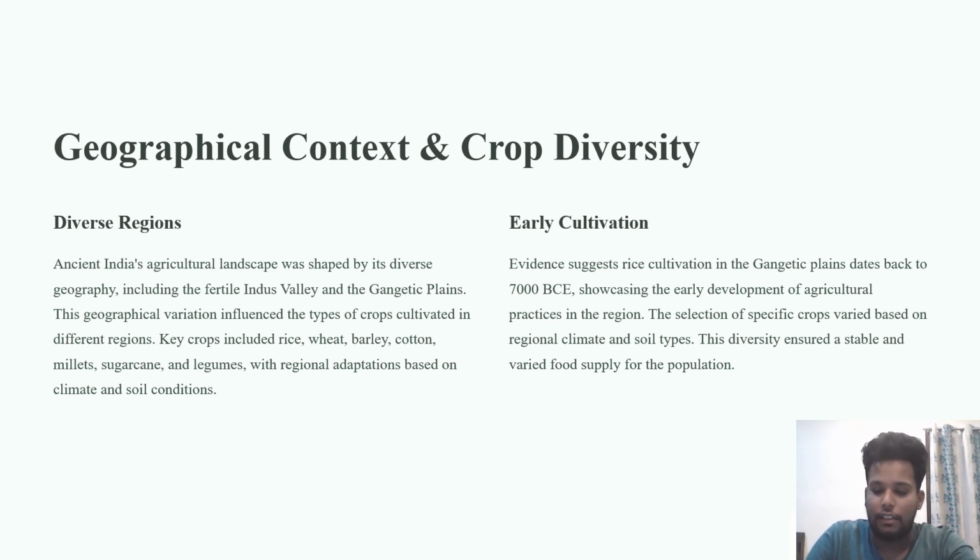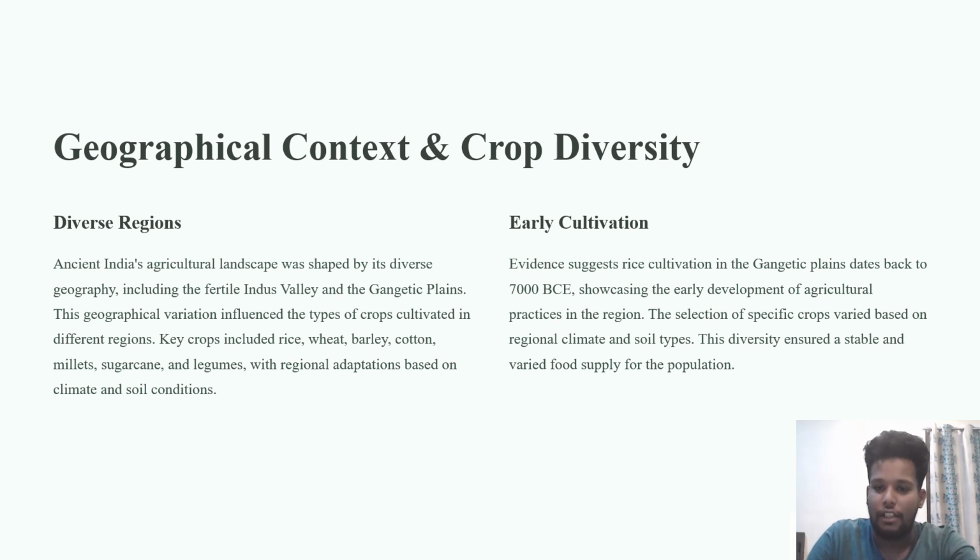Key crops like rice, barley, cotton, millets, sugarcane, and legumes were regionally adapted based on climate and soil conditions. In early cultivation, evidence suggests that rice cultivation in the Gangetic plain dates back to 7000 BCE, showcasing the early development of agricultural practices in the region.